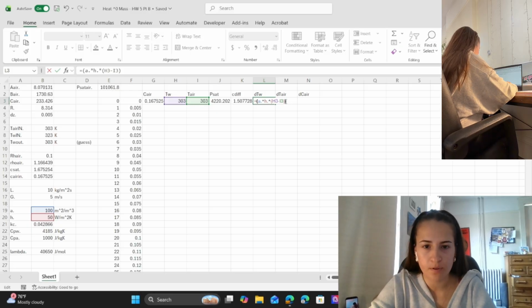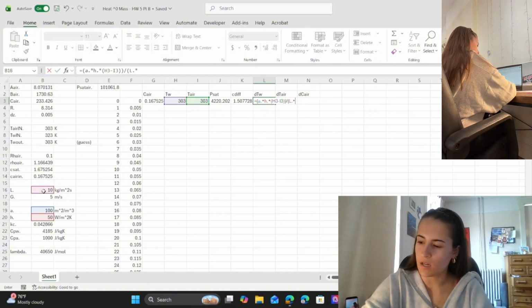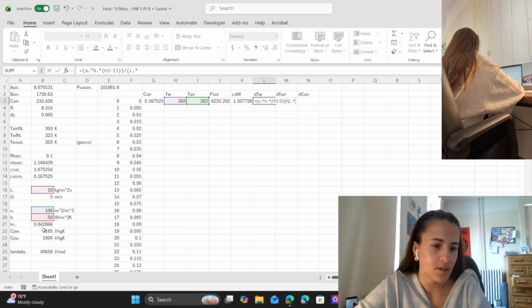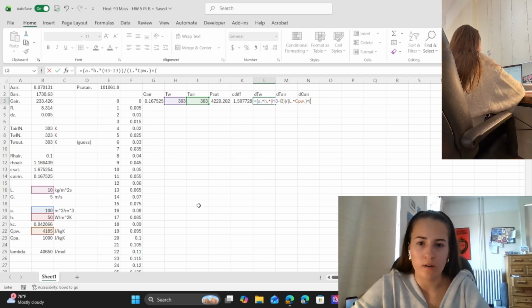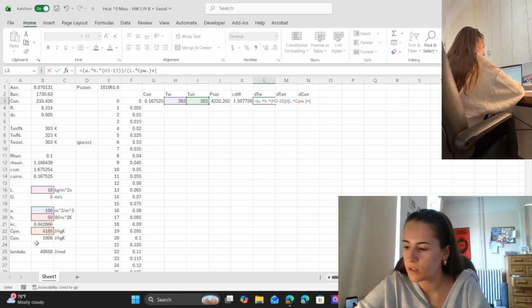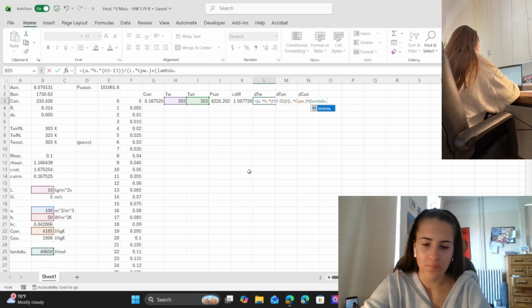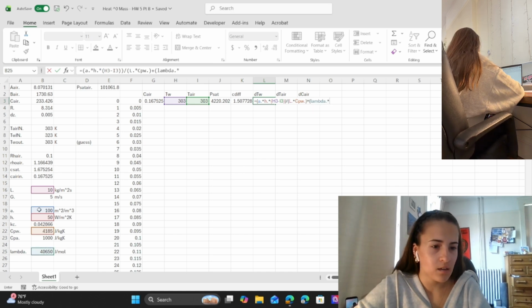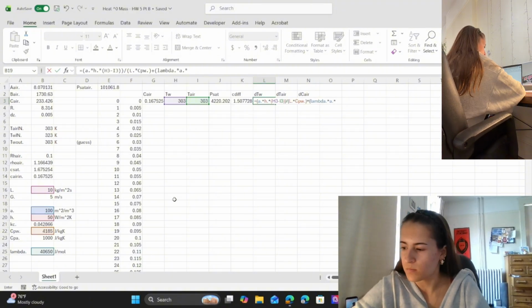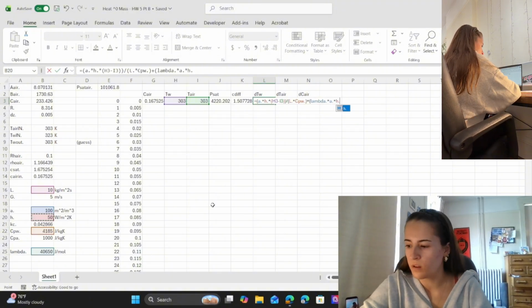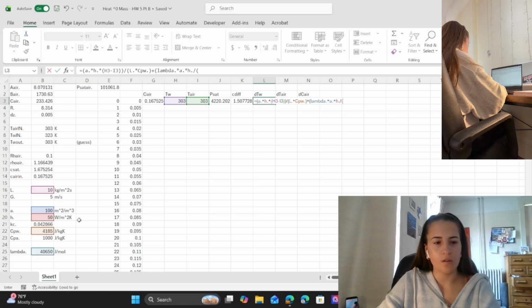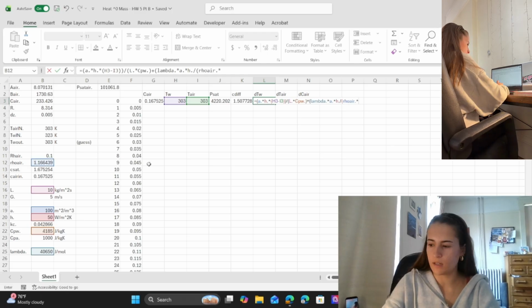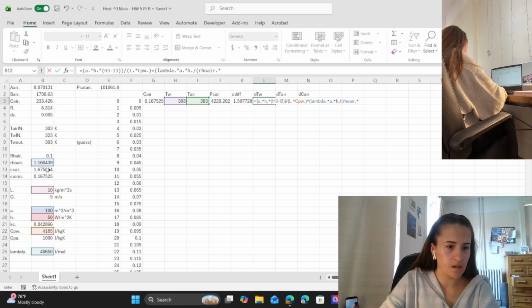We'll close out that parentheses, and then this will be divided by L times the heat capacity of water. And then this will be added to our enthalpy of vaporization here times A times H. And then this will be divided by the rho of air, or density of air, times the heat capacity of air.